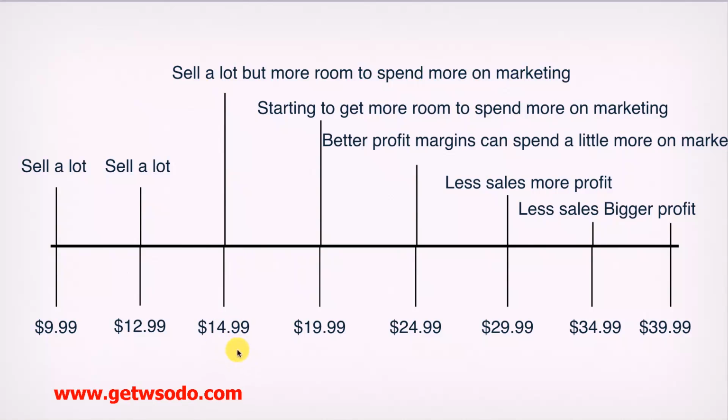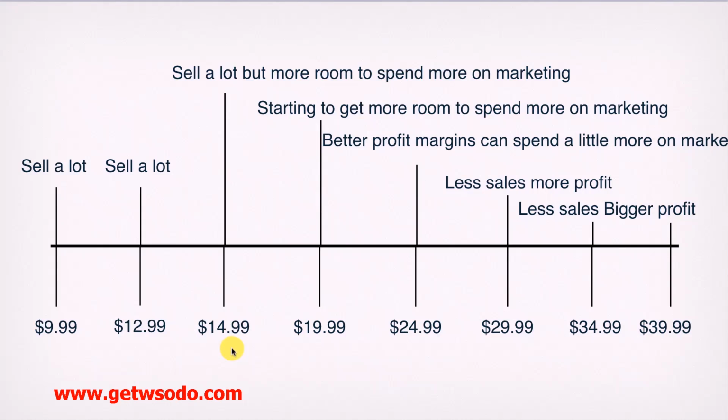Now, when you start to get to like $14, $15, you need to sell a lot, but you have more room to spend more on marketing. So you have more leverage, depending on the price of your product, of course. You can pay more per purchase, or you can try to optimize for less per purchase and get better profits.